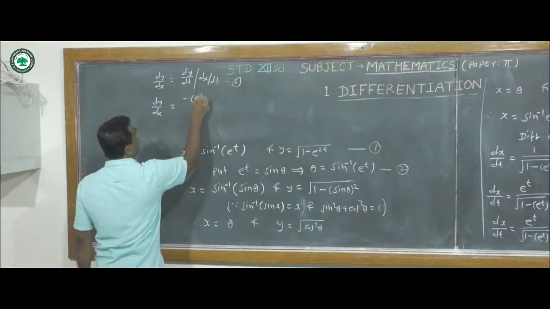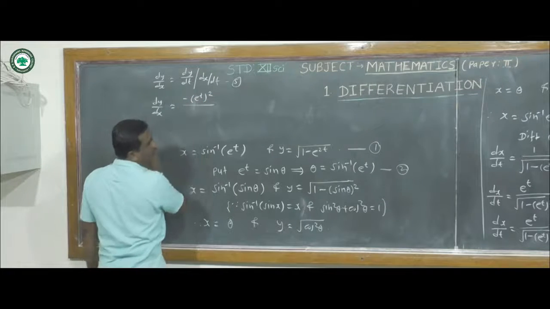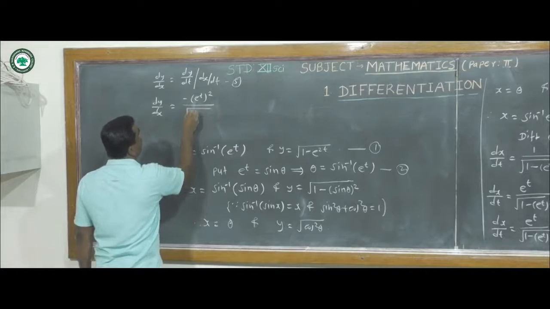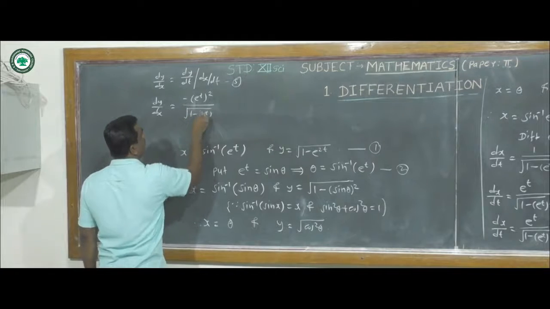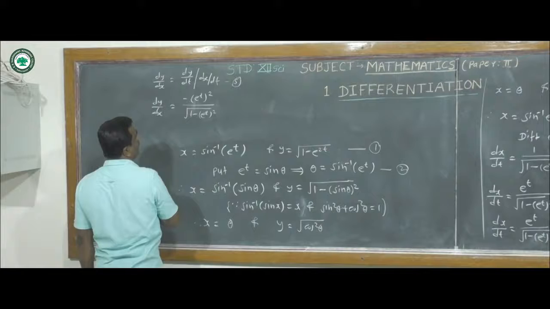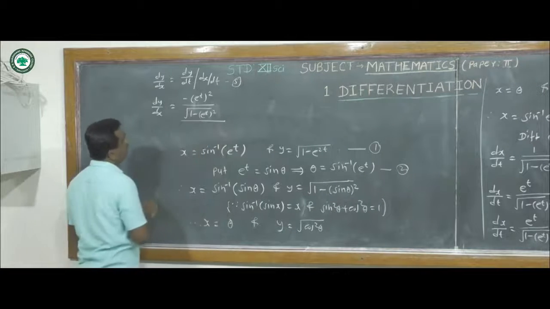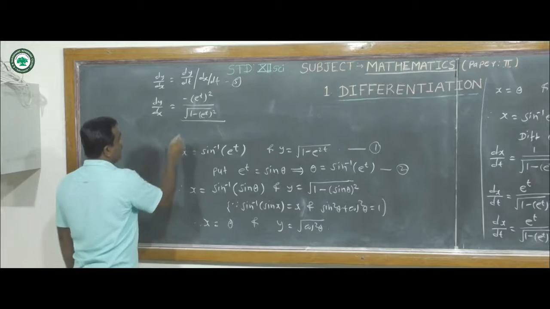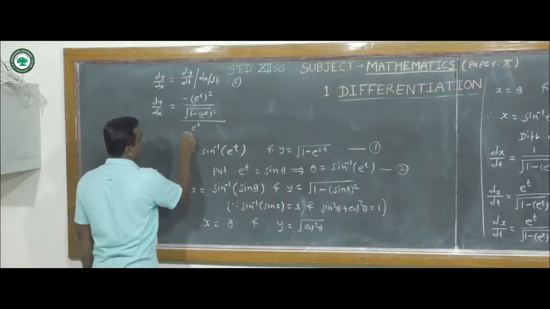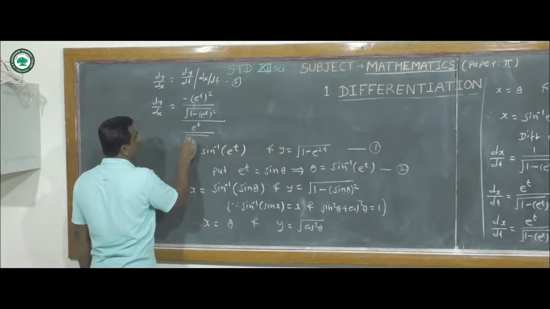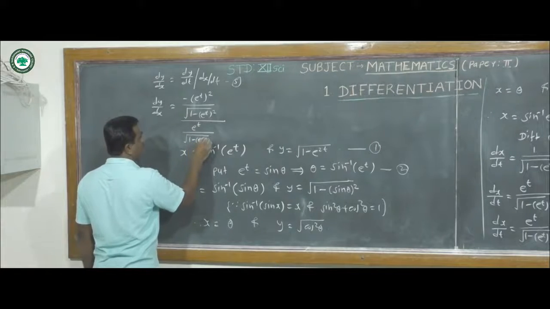(e raised to t) square upon under root 1 minus (e raised to t) square, upon the value of dx by dt, e raised to t upon under root 1 minus (e raised to t) square.